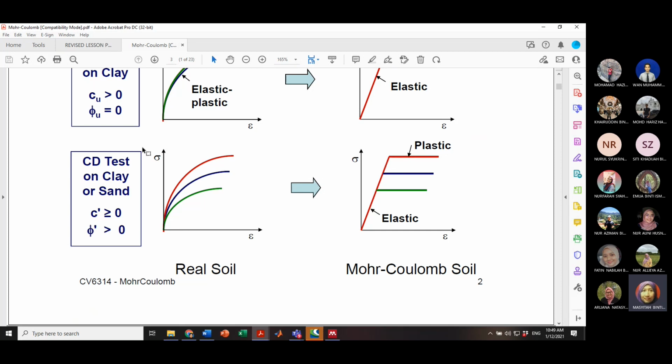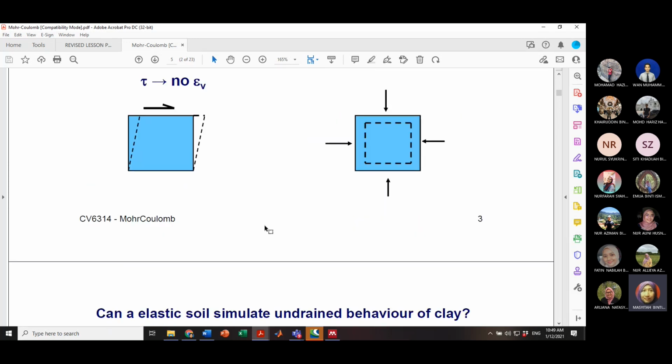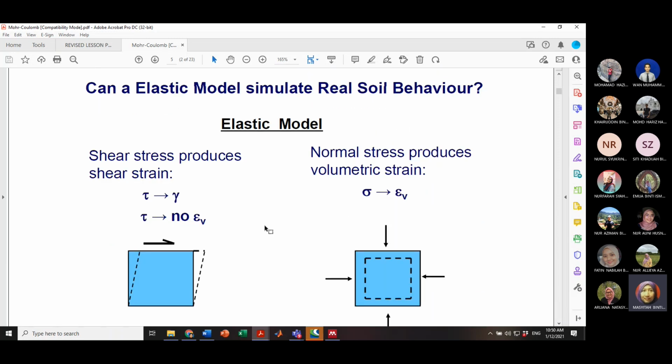But for CD conditions, it is represented like this: the first E, first angle, the first tangent represents the green sample. Then the second tangent represents the blue sample, and the third tangent represents the red sample, number 3. If we take the sample as elastic, this explains the behavior at that time.